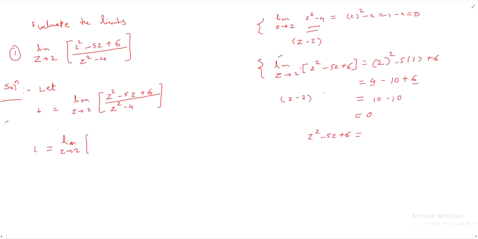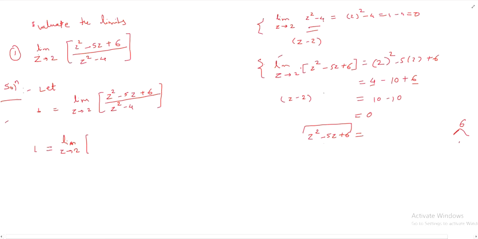Take the product of the coefficient of z square and the last term, which is 1 into 6, that is 6. Both are plus, therefore the product is plus. Factorize 6 in such a way that the sum will be minus 5 and the product will be plus 6.